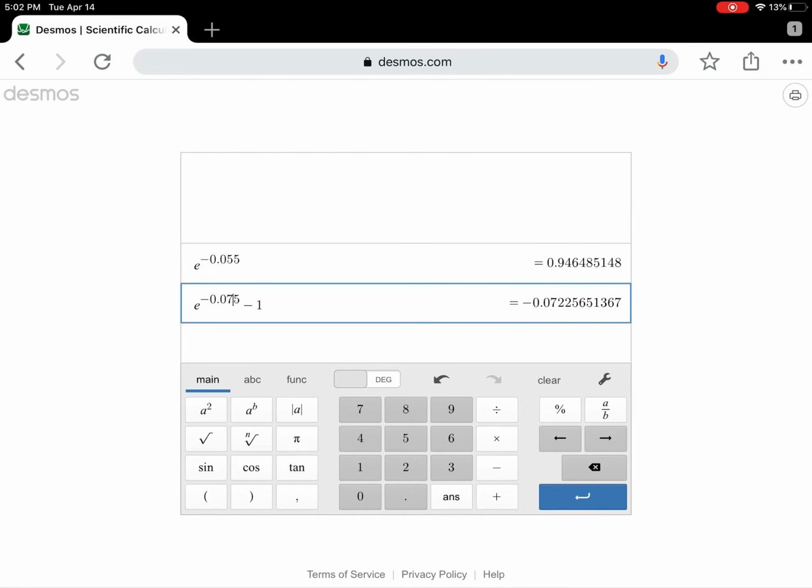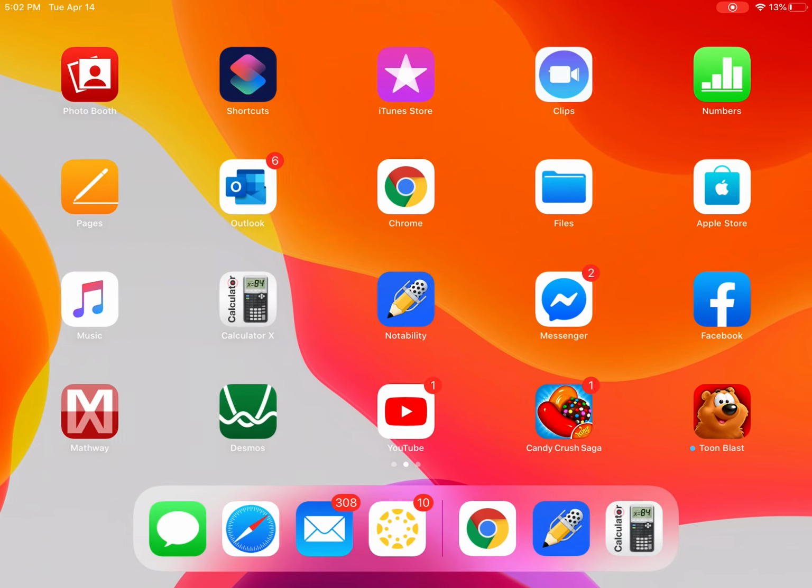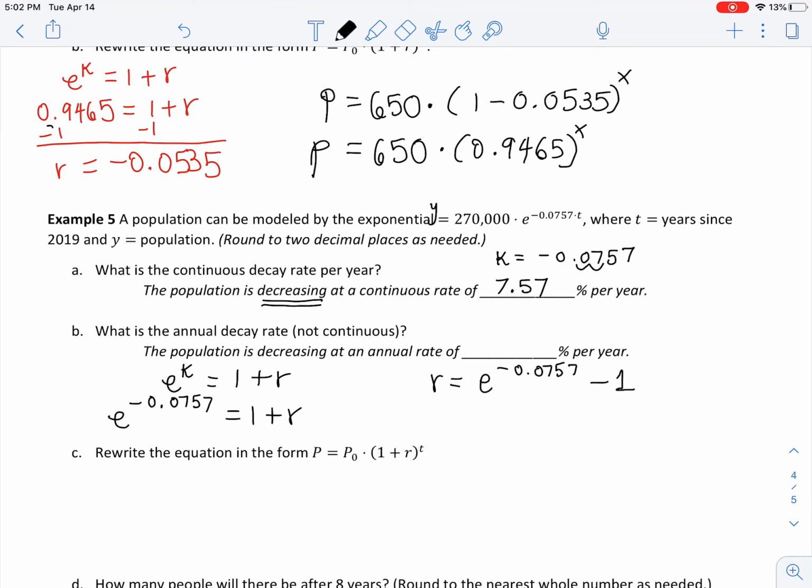I forgot the decimal again. If I do that, I get that rate r comes out to be negative 0.0729. So let's go and write that down on our paper.